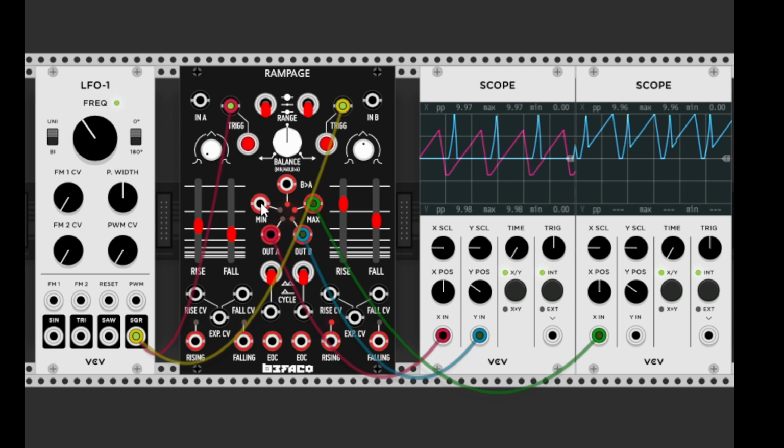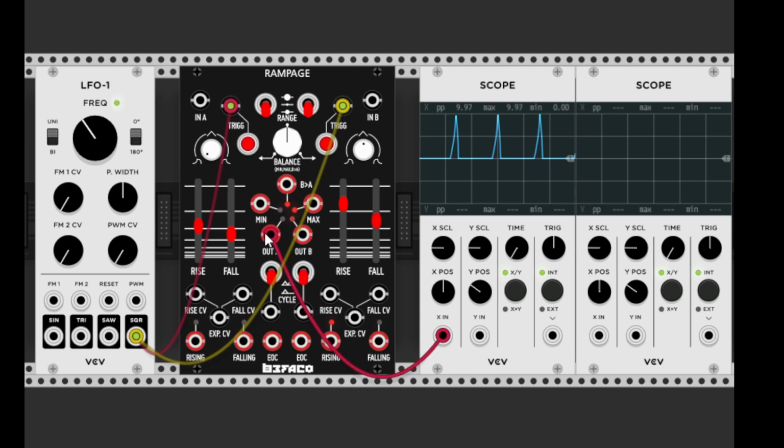All right. Okay, we don't need this anymore. What about this here? These switches switch between single shot, externally triggered, or manually, and looping. So I can make the envelope loop.